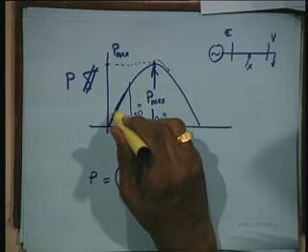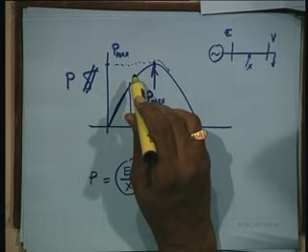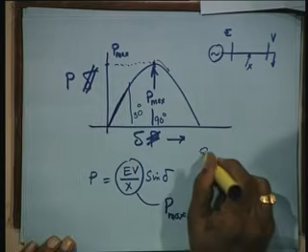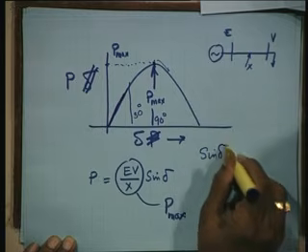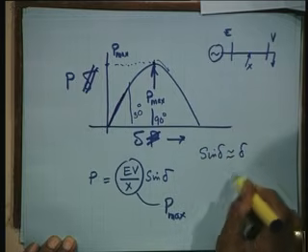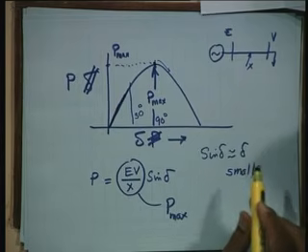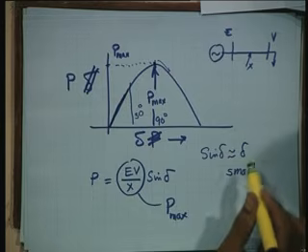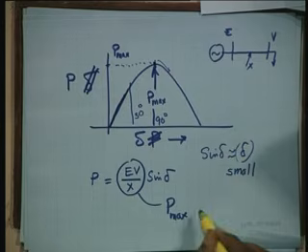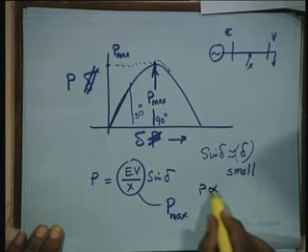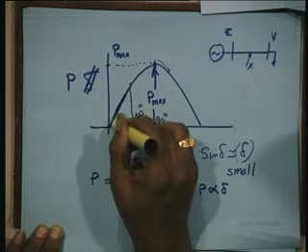Sine 0 is 0. So sine increases very slowly. So it remains a linear portion. So sine delta can be put equal to delta for small values. Is this okay? For small values of delta, it becomes linear, that is P directly proportional to delta.